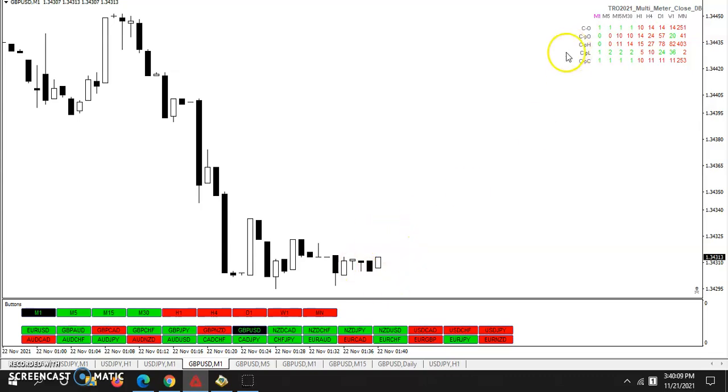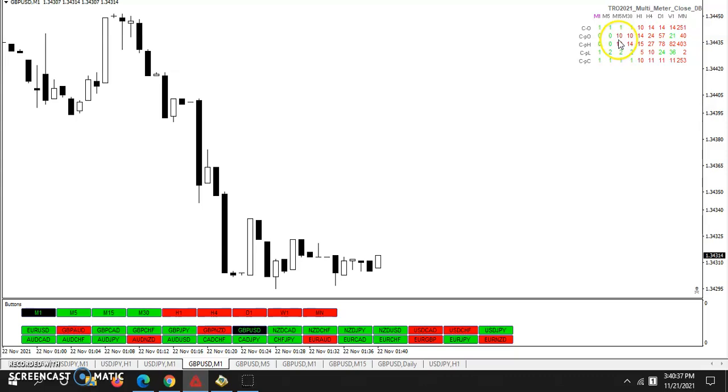Well, I can just glance up, and I don't even have to read the numbers. I can just look and see, if there's more green over here, then I know price is going up. There's more red over here, I know price is going down. If I see that it's kind of mixed, then I can say, wait a minute, something must be ranging, or maybe I better take a closer look.